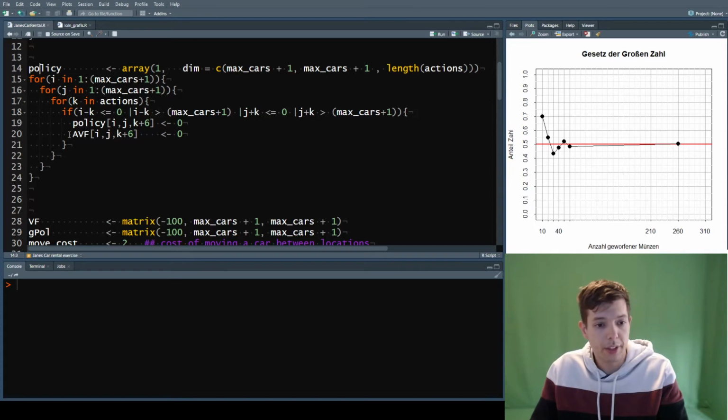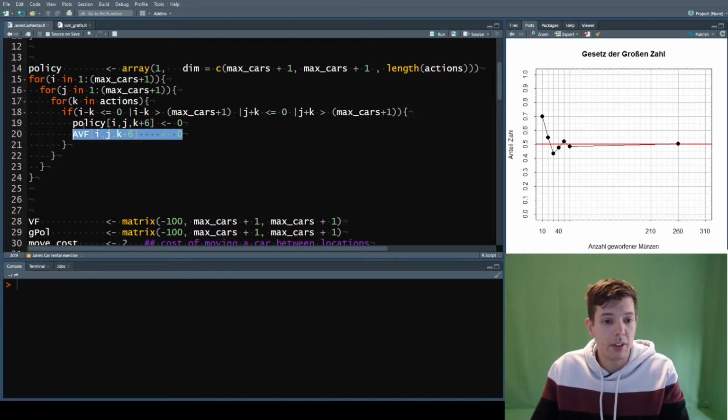So both the action value and the policy, because if the policy is 0, then we will never choose one of these actions. So we will never end up in this new state, and thus we will not compute a new action value for these states. So everywhere where the action value function is 0 after the algorithm has converged, these are then again the states that never occurred and are impossible to occur.